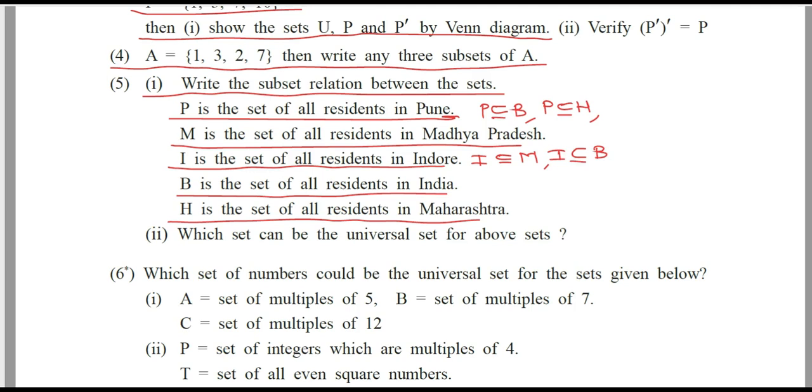Now next, M is a subset of B and H is a subset of B also. Now see this.